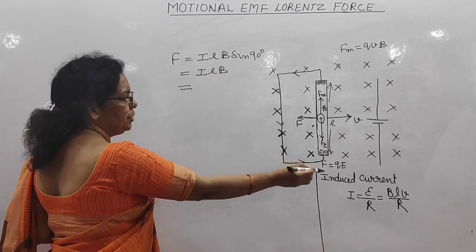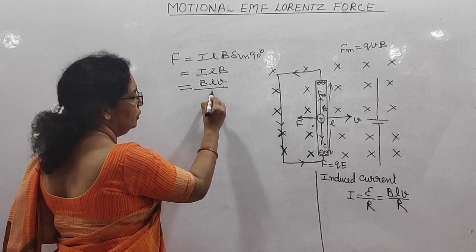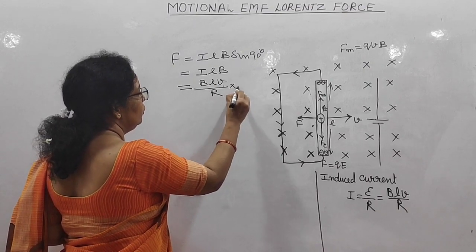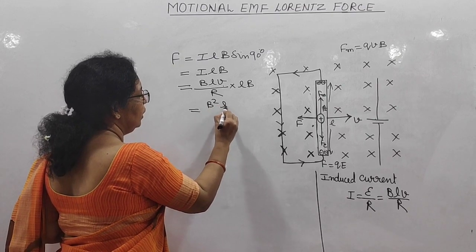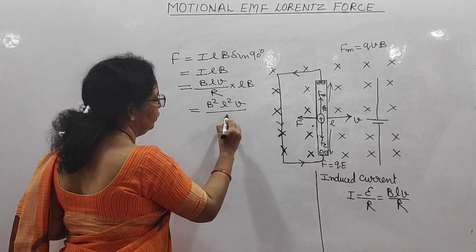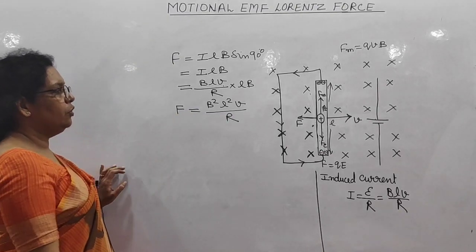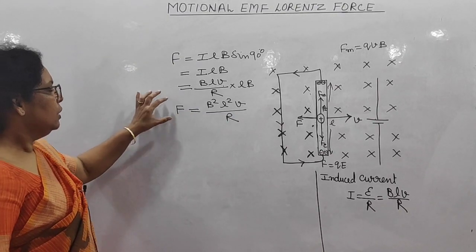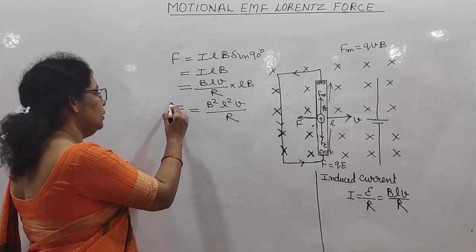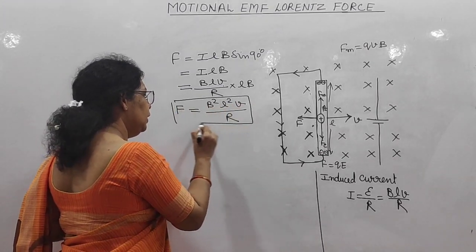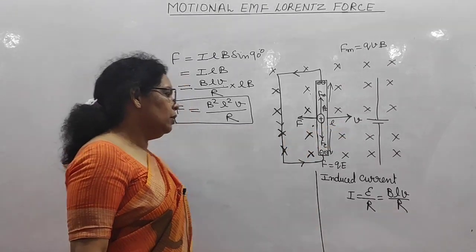I is how much? That is vBL upon R, into LB. So it will be v B squared L squared upon R. This is the force exerted, and with an equivalent force we have to push so that the rod can move with constant velocity.